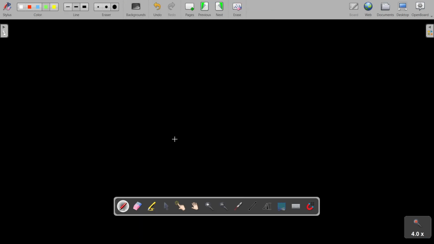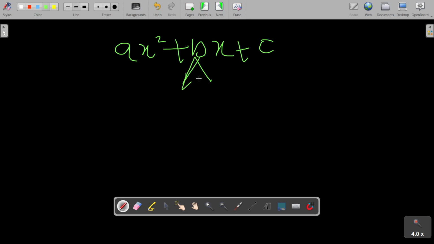Now I'm going to talk about the sum and the product of the roots of the quadratic equation. If I write the general form of a quadratic equation, ax square plus bx plus c, for a quadratic equation we have two solutions or two roots. Let's say one root is alpha and another root is beta.